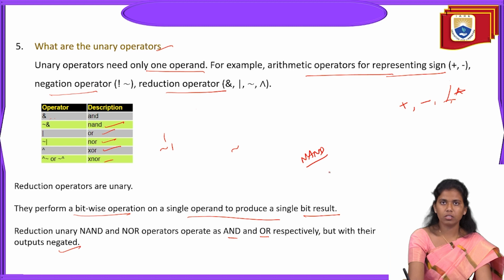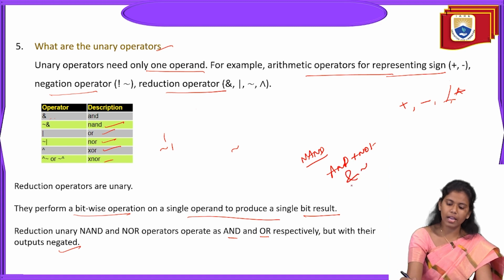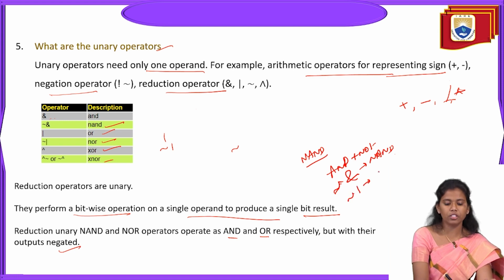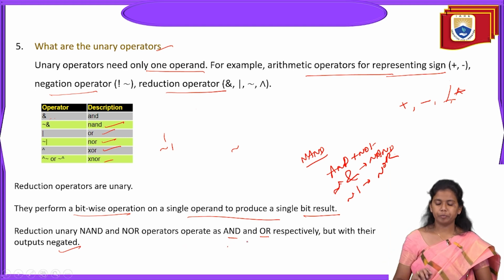The negation of AND is NAND. Likewise, the negation of OR is NOR. So the reduction unary NAND and NOR operate as AND and OR respectively. This is how we will represent the unary operators.